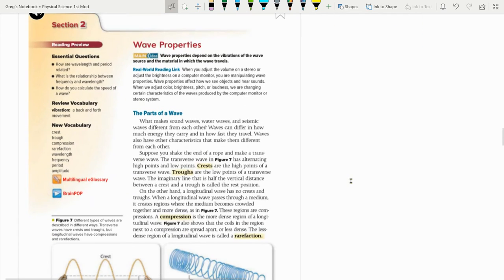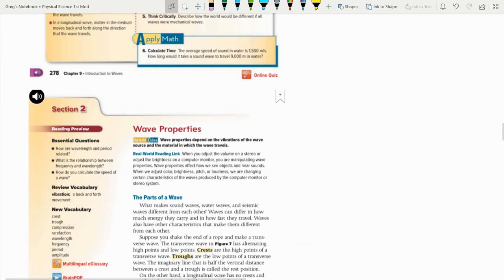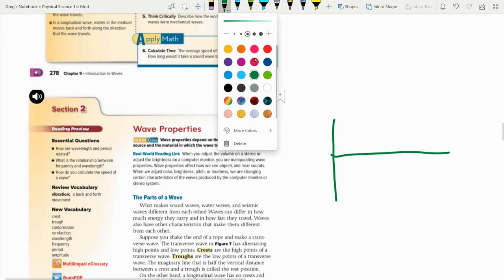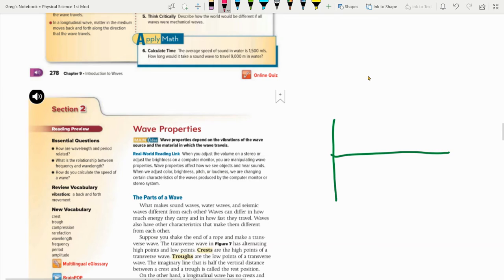And that brings us to section 2, wave properties. All right, I talked before about drawing this right here, and I told you this would make more sense. Let me change colors because it'll help us a little bit here. Pink, why not pink?